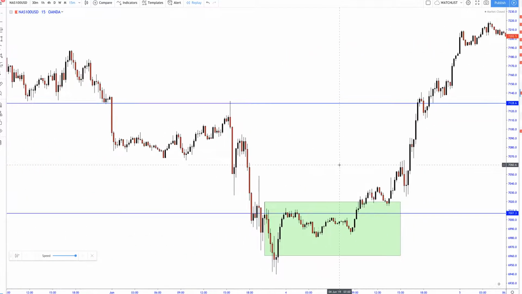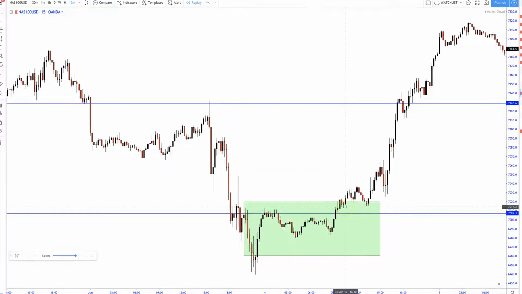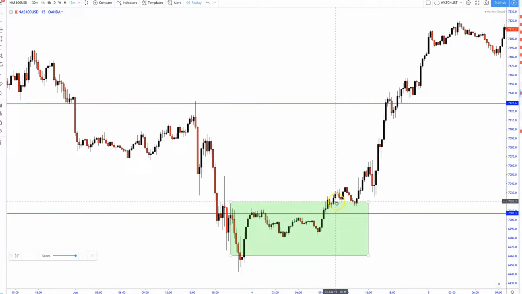So now we're on the 15 minute. On the 1 hour, you actually saw the break and the close. Now on the 15 minute, you'd see it basically breaks, makes a support over here, right? Over there. Goes up, comes down, retest.